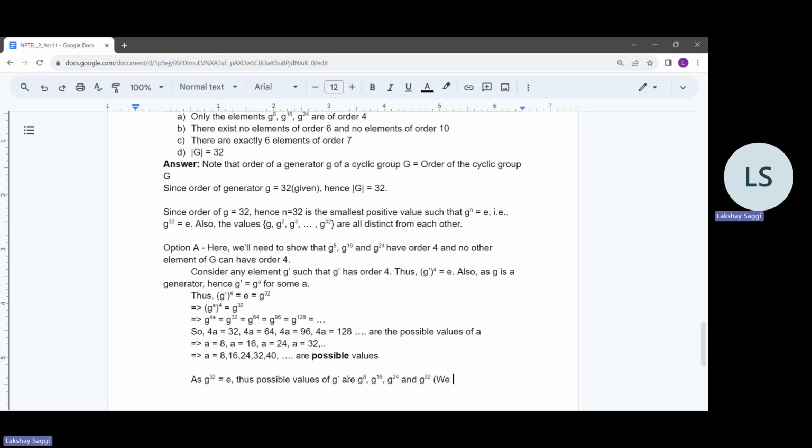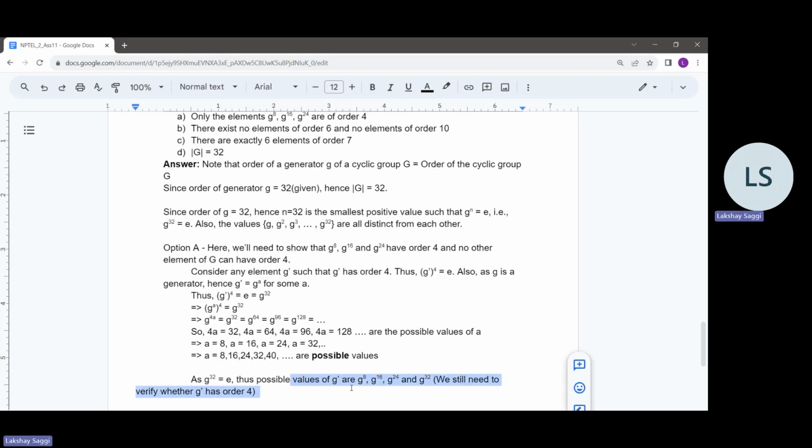We still need to verify whether G prime has order 4. Right.